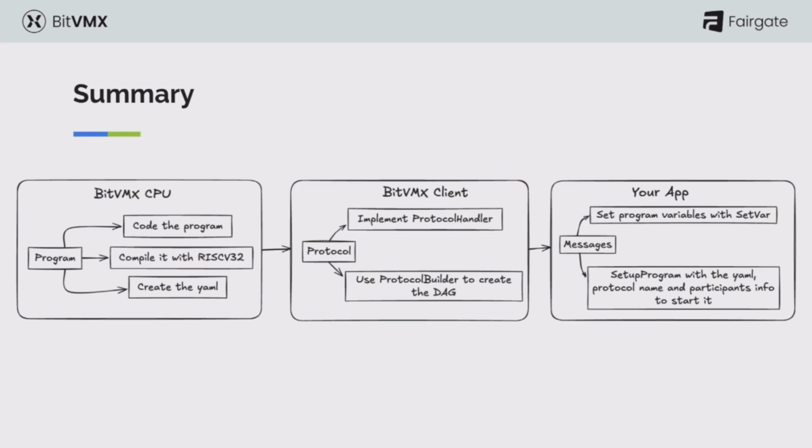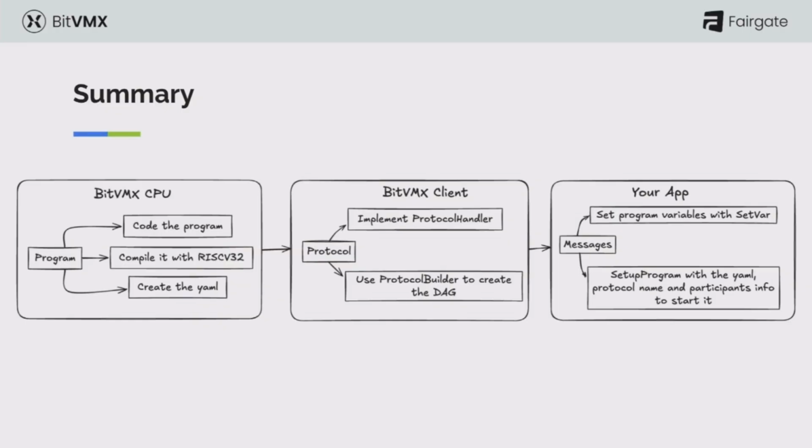In summary, we have three big pieces. First, the BitBMX CPU. Also, you will need the dispatcher with that, but the CPU is the most important part that runs a program. The program needs code that is created in C++ or Rust. It will usually be a zero-knowledge proof in RISC-0.